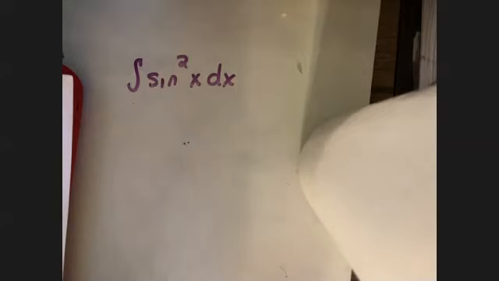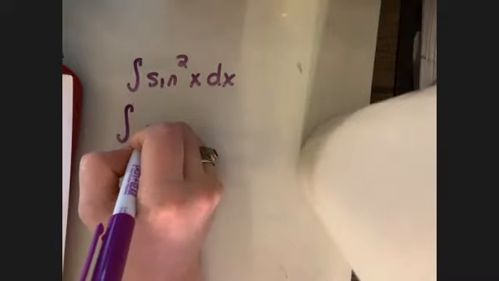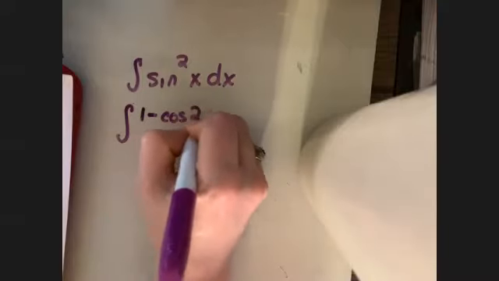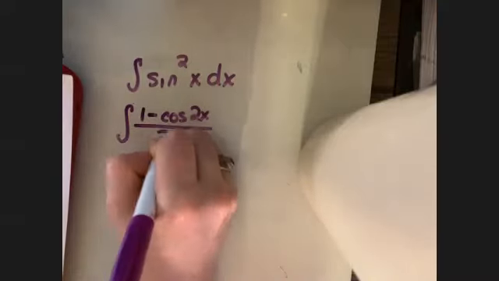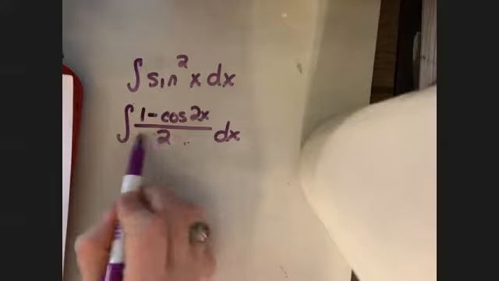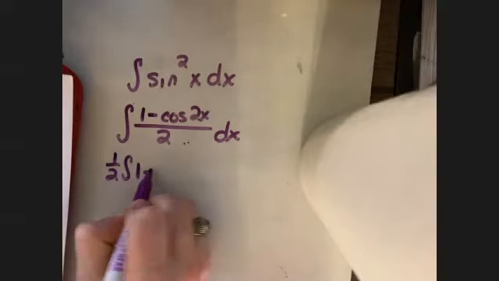So thinking about this, first thing that I'm going to do, one of the definitions for sine squared was that it was (1 minus cos of 2x) over 2 and then dx. Now, I'm going to bring this divide 2 out to the front.